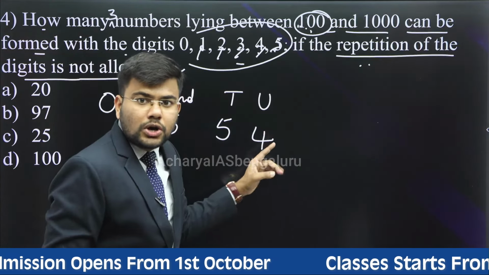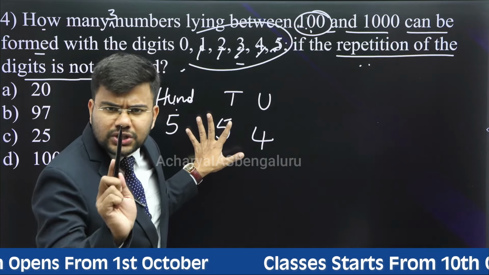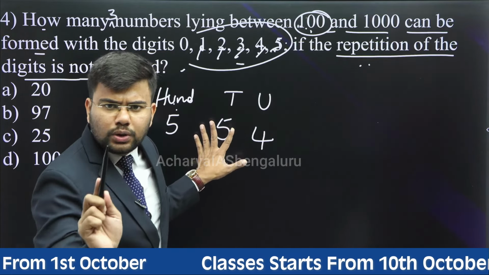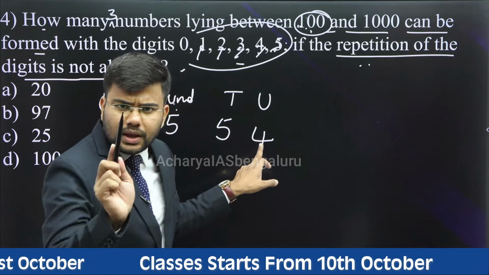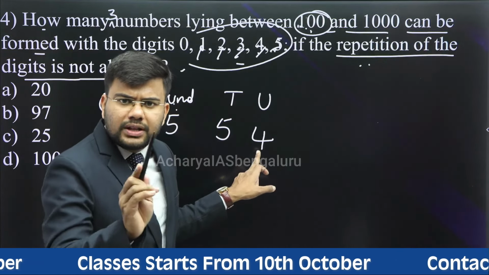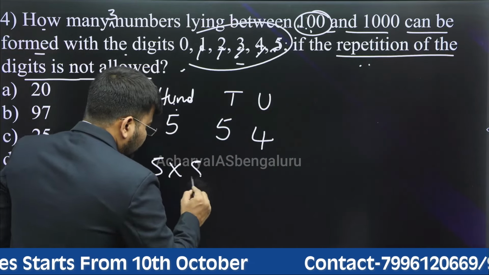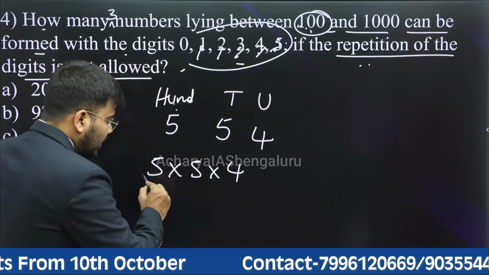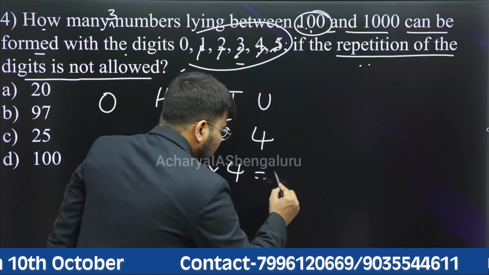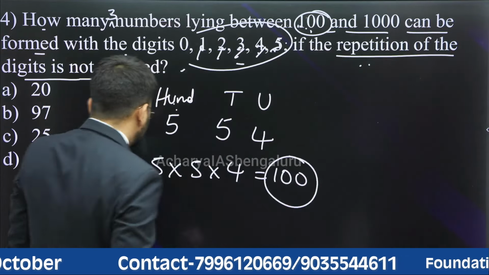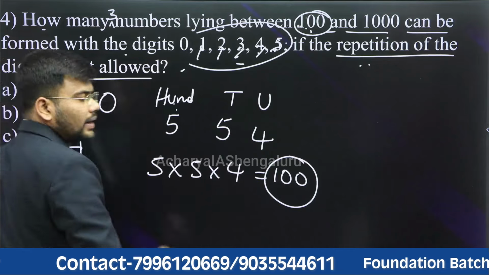In the units place, already 2 numbers are filled. Out of 6, 2 numbers are filled, so left with only 4. So that would be 5 into 4. 5 5s are 25, 25 4s are 100 would be the correct answer. That is option D is the correct answer.